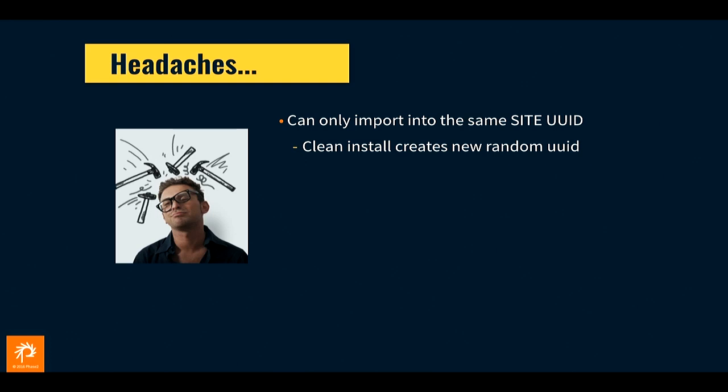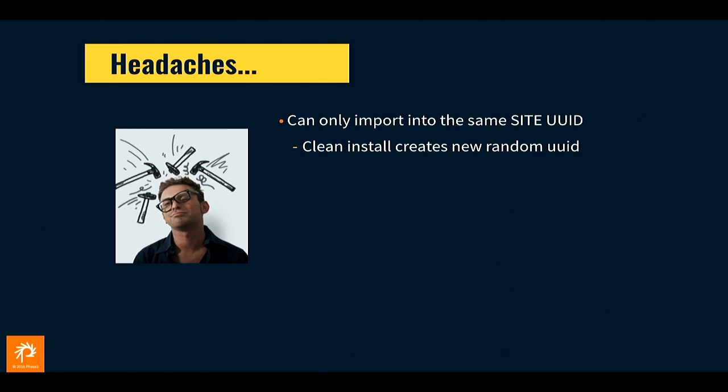When you do a config export, of course it exports that out. And now if I give that export file to you and you try to import it on your site, which has a different UUID, config import is going to refuse to import. It's going to say, oh, your site UUID doesn't match, and you won't be able to import it. So that causes trouble.